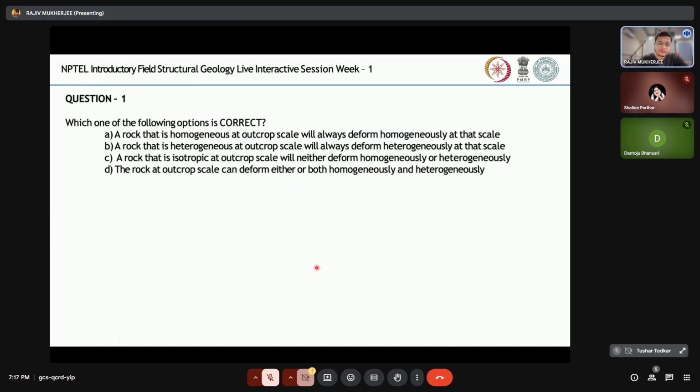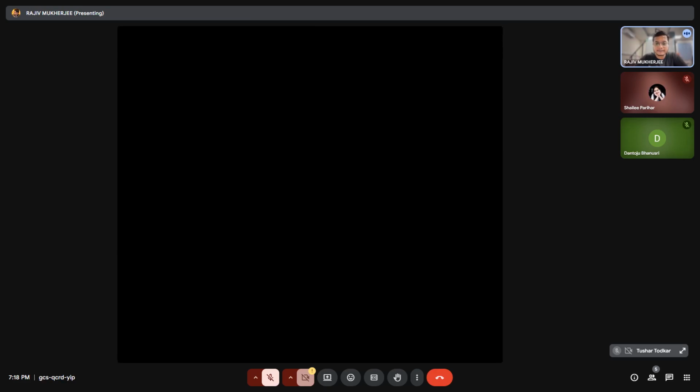So this is the first question. I have gathered around 14 questions that I will be discussing today, which are relevant for the week 1 content. So the first question is, which of the following options is correct? Option A, a rock that is homogeneous at outcrop scale will always deform homogeneously at that scale.